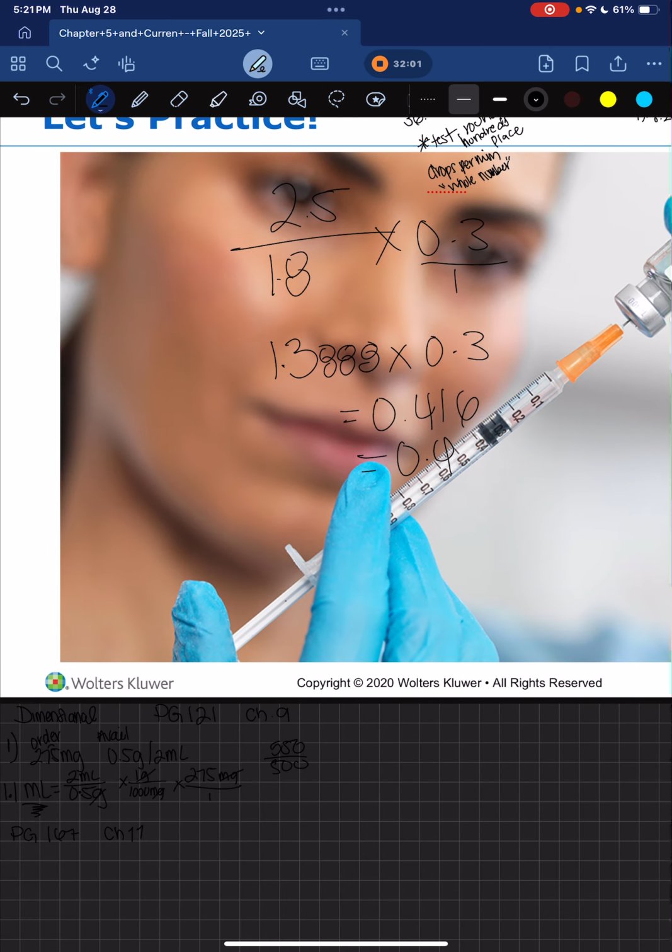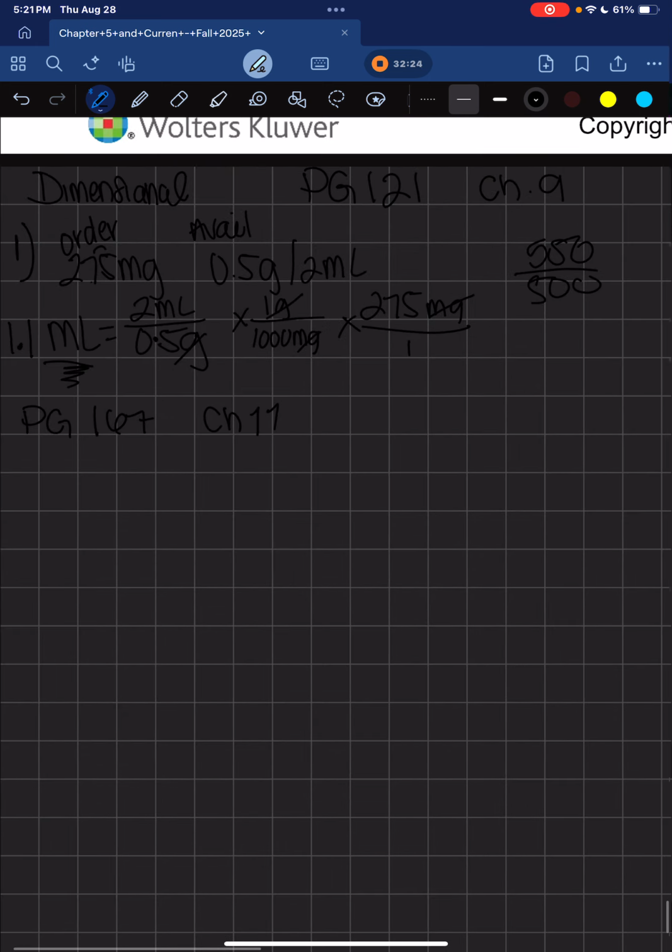Calculate the drops per minute rate to infuse 2,500 milliliters in 24 hours using a 15 drop per milliliter infusion set. It's given you every piece of information you need. What do we want to find? We want to find drops per minute.